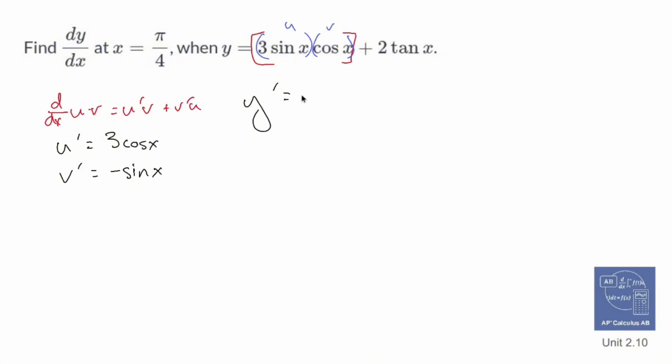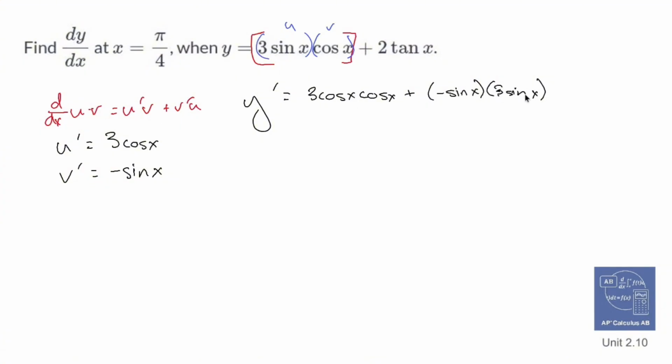So y prime is going to start out with u prime v, so 3 cos x times v, which is cos x again, how nice, plus v prime, so negative sine x, times u, which is 3 sine x. Sorry, kind of snoozed there. That was a close one.